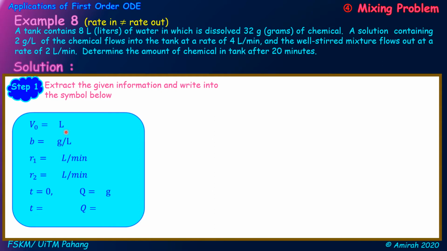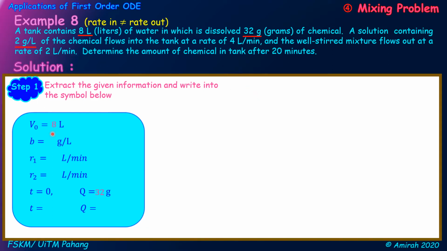And then we write the appropriate unit. From 8 liters, this is for V naught. And then 32 grams, the unit gram here means Q, so when t equals 0, Q equals 32 grams.